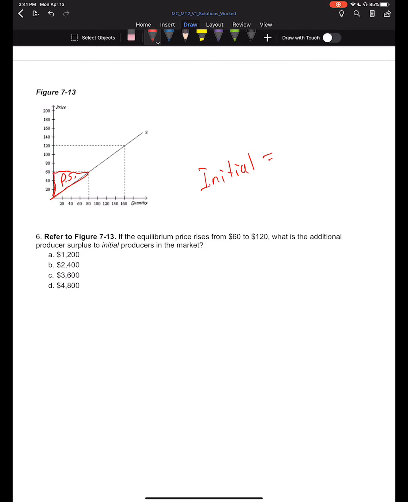That's equal to, it's a triangle, so it's 1/2 base times the height. The base runs from 0 to 80, and the height is from 0 to 60. So it's just equal to 1/2 times 60 times 80. So that's equal to 240.